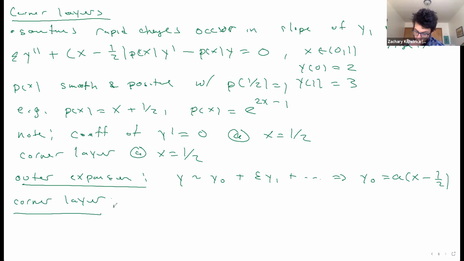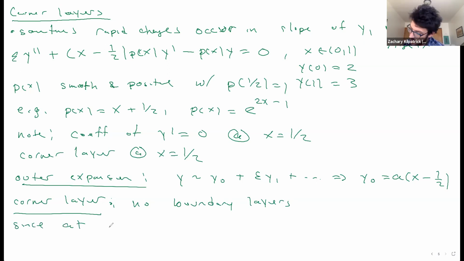So in order to sort out our inner solution, we note that we're going to have what's called a corner layer. There's going to be no boundary layers in this problem, okay?